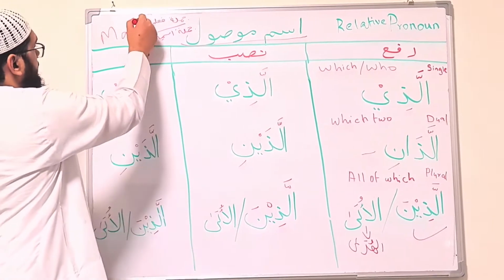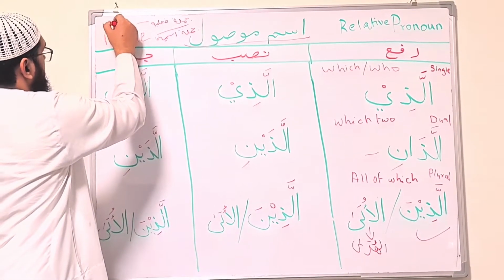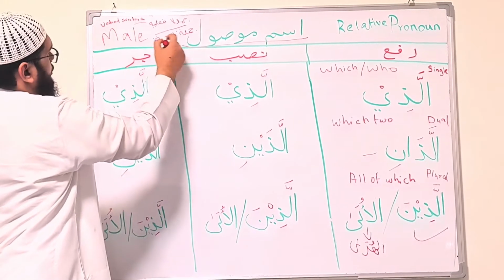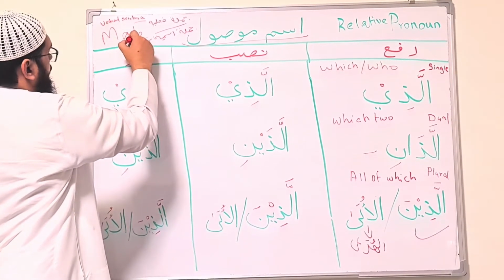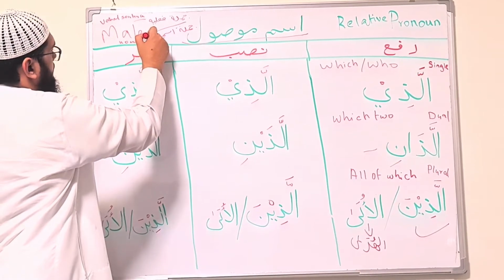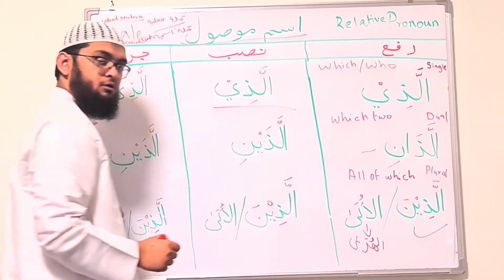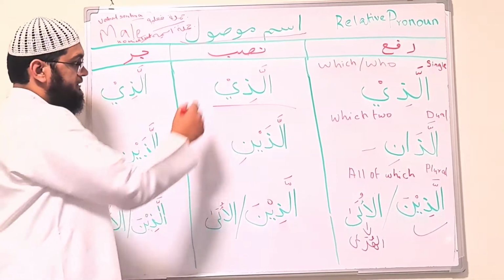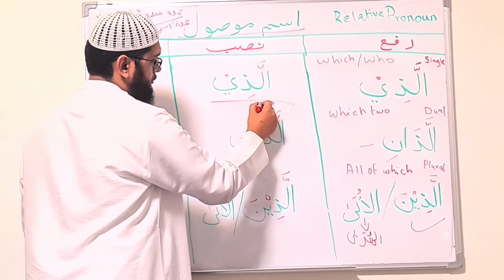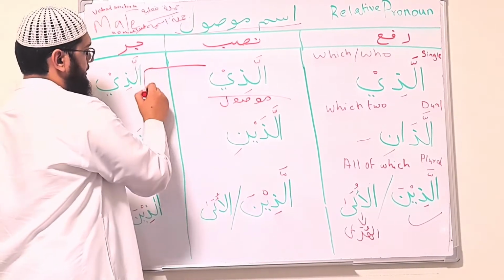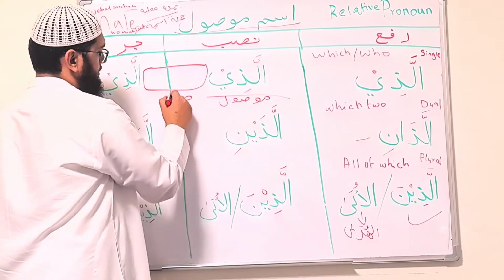It will be either a verbal sentence or a nominal sentence. This is called the mawsool, and the sentence coming after it is called sila.